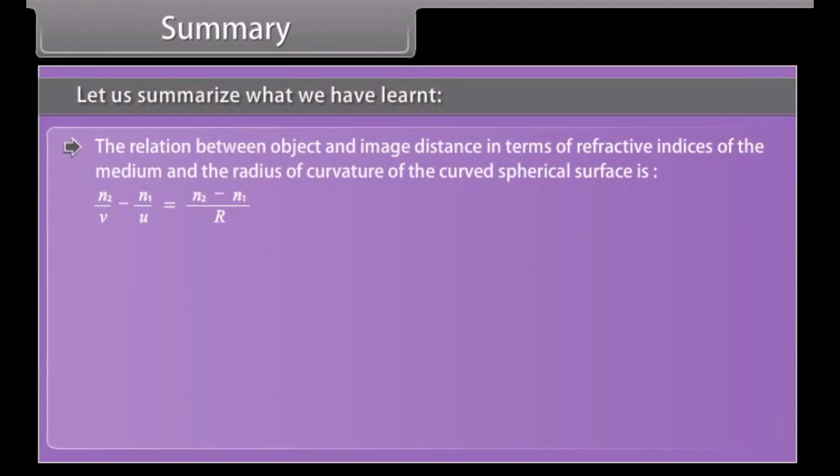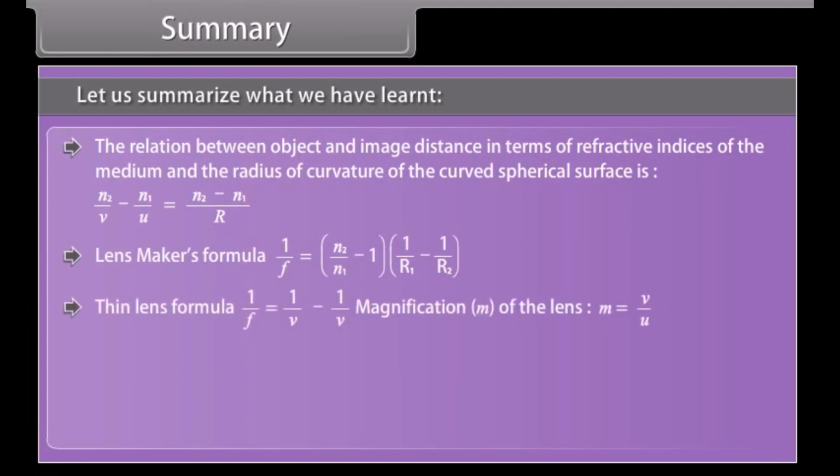The relation between object and image distance in terms of refractive indices of the medium and the radius of curvature of the curved spherical surface is n2 by v minus n1 by u is equal to n2 minus n1 by r. Lensmaker's formula is this. Thin lens formula is this.